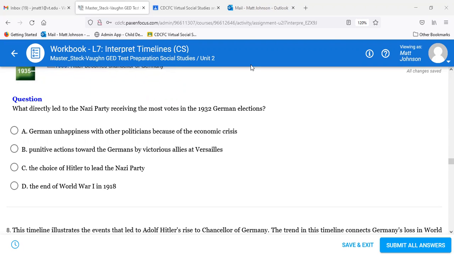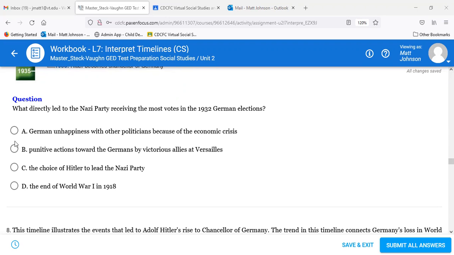B. Punitive actions towards the Germans by the victorious alliance at Versailles. C. The choice of Hitler to lead the Nazi Party. D. The end of World War I in 1918. I think it is A.